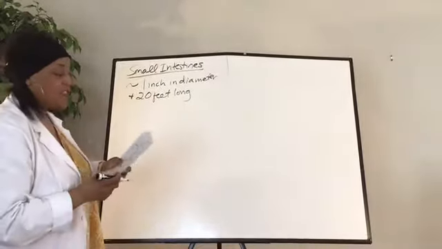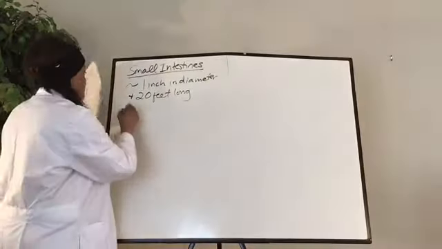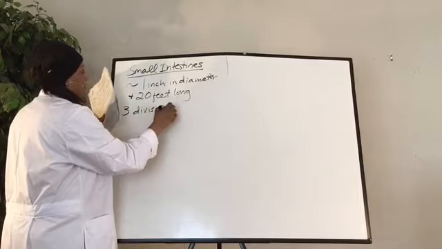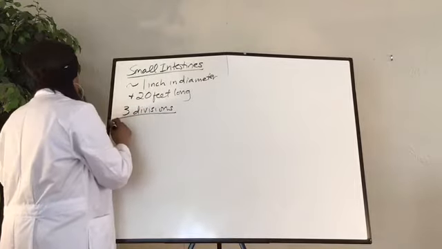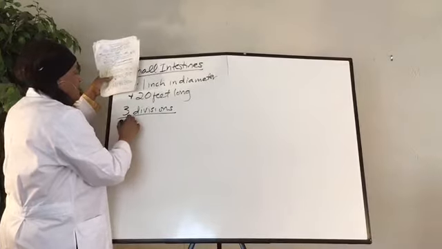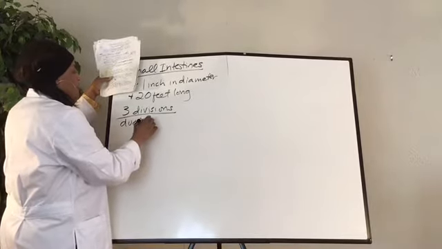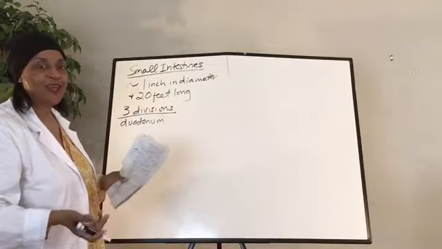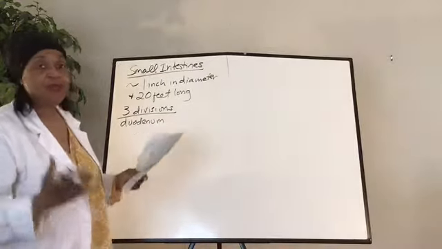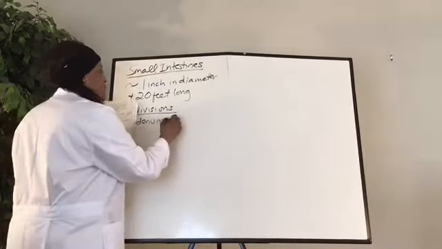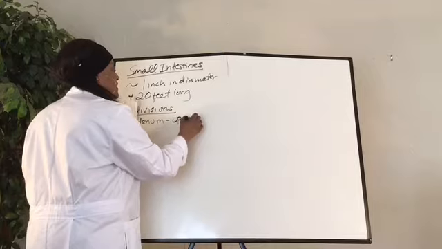But it's very long. It's got 3 divisions. Okay? The first segment is the duodenum, or duodenum. I'm not going to keep saying that, but I do want you to know you can pronounce it either way. Other people will try to correct you, but you can pronounce it either way. This is in the uppermost division.